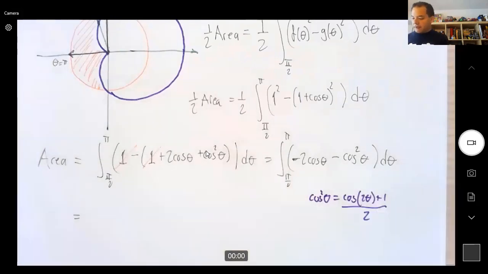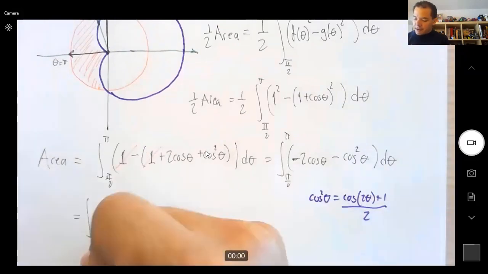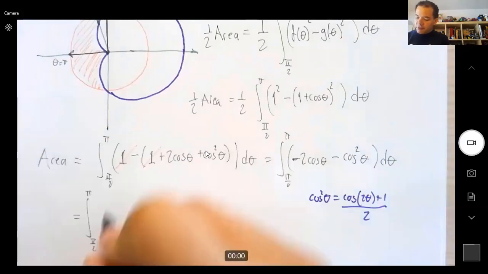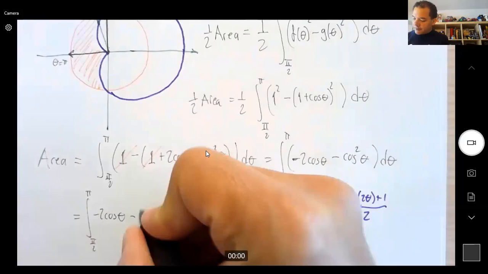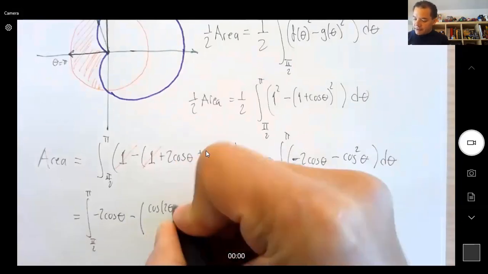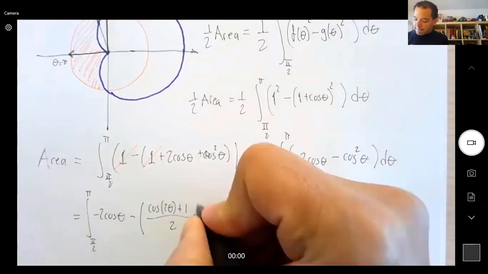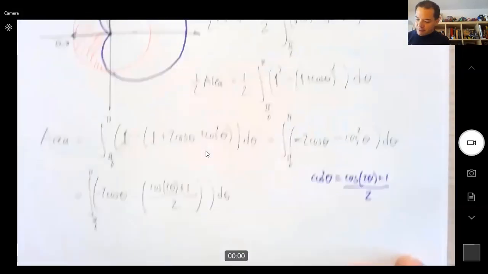That's how we do it. So that's what we're going to put in here. The integral from pi over 2 to pi of -2 cosine theta, and then minus (cosine 2 theta plus 1) divided by 2. And I think we're ready to integrate.